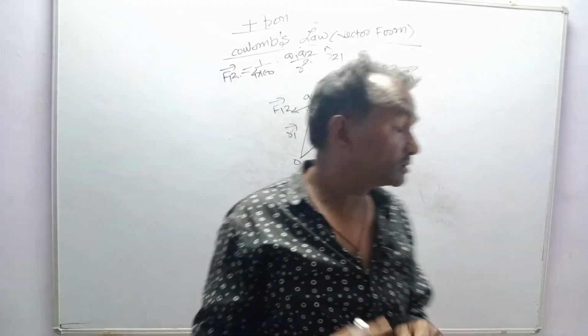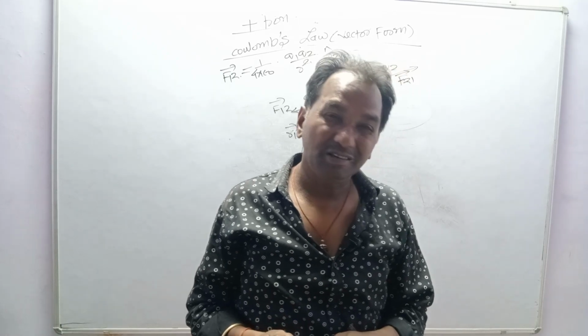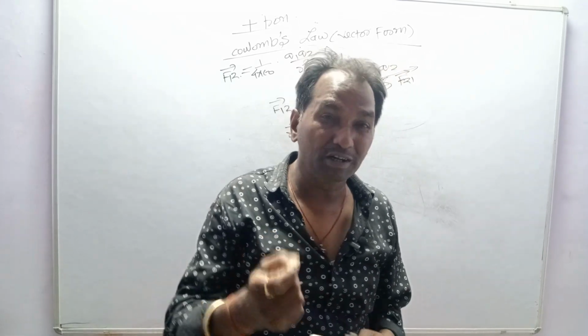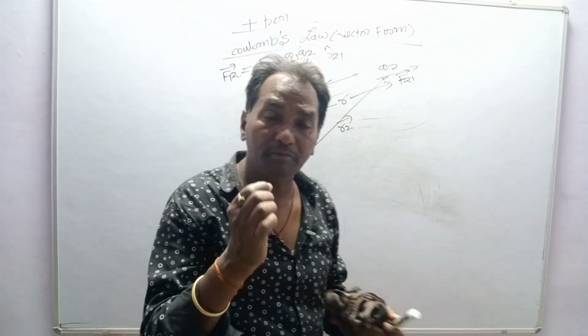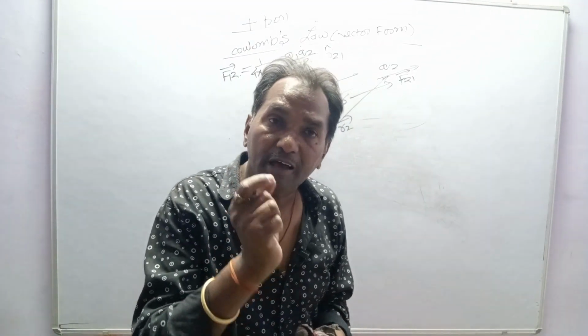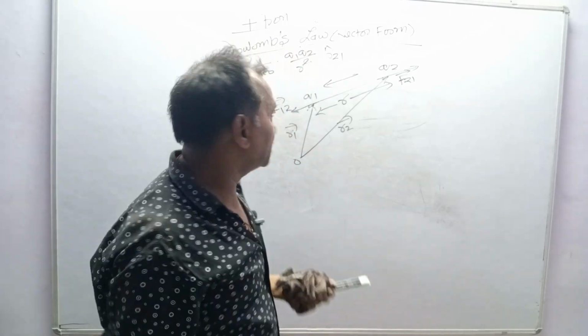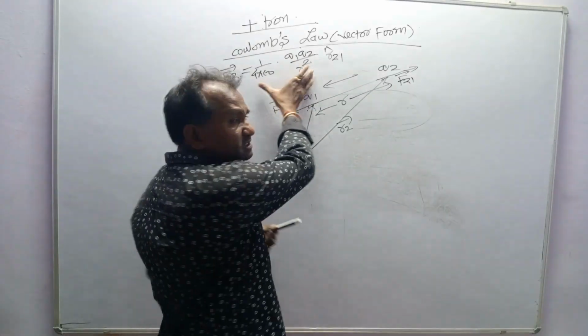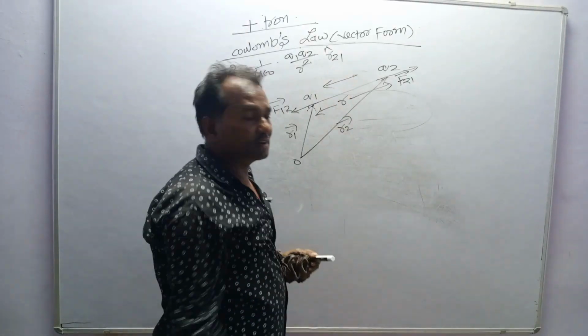You know there are four types of vectors: null vector, zero vector, unit vector. Unit vector, I have expressed here: a vector which has magnitude 1, but shows only the direction. So this part consists of the magnitude of the force, and this is the direction.